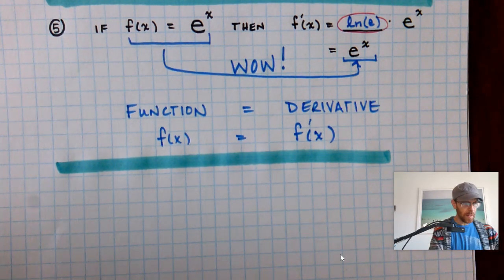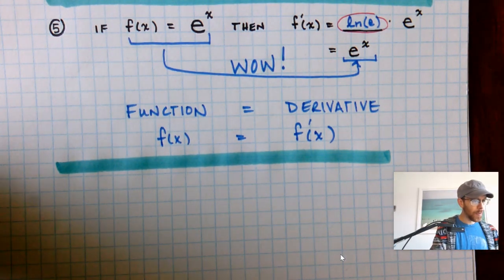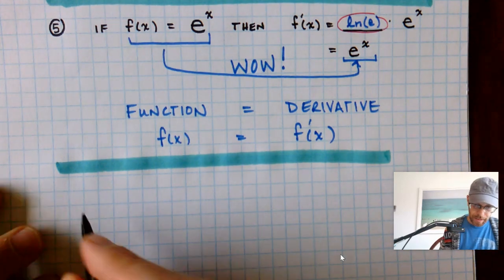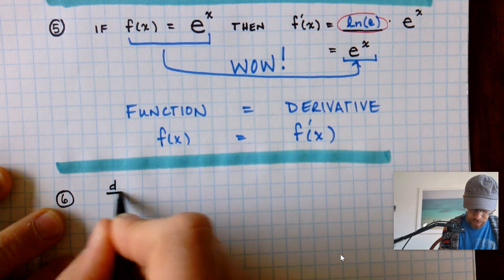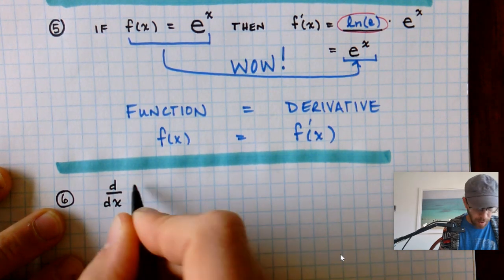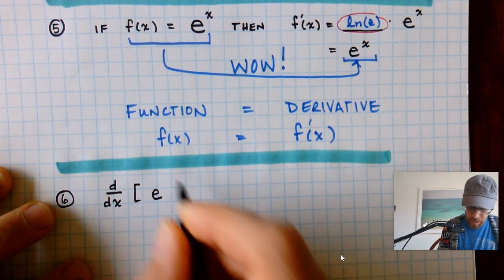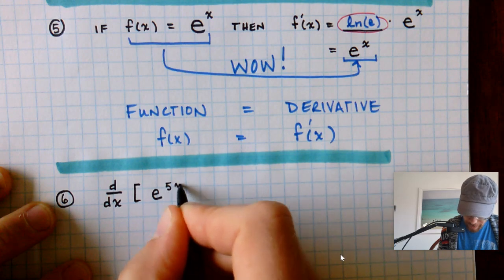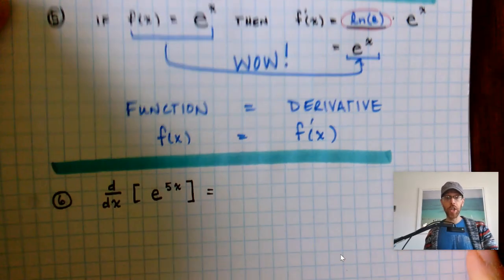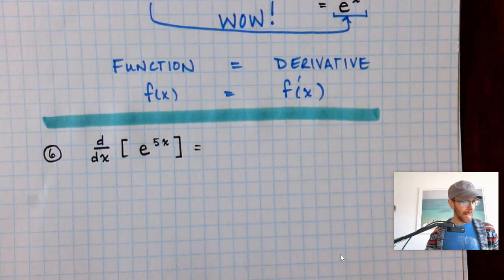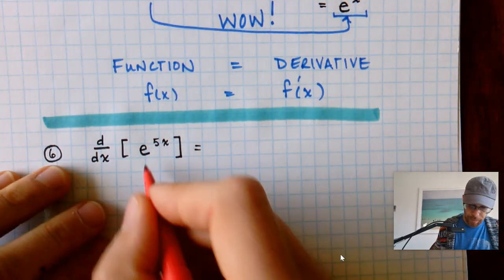For instance, let's suppose I threw this problem at you. Let's say we're looking at take the derivative of e to the 5x. Now we can see that this is a chain rule problem, right? You've got an outside function.